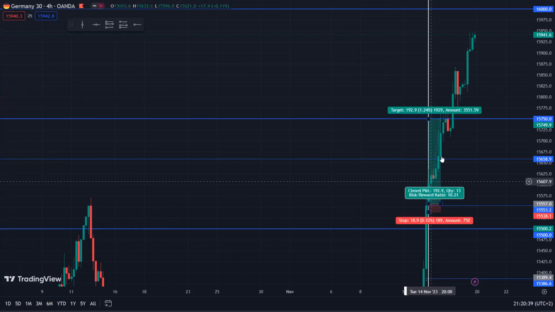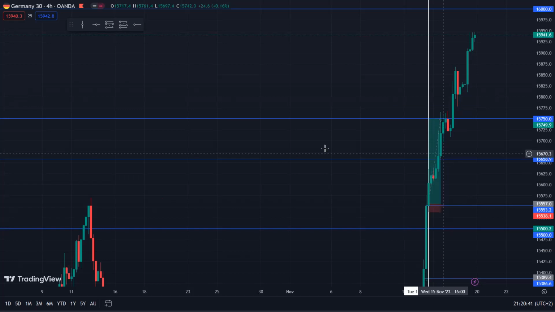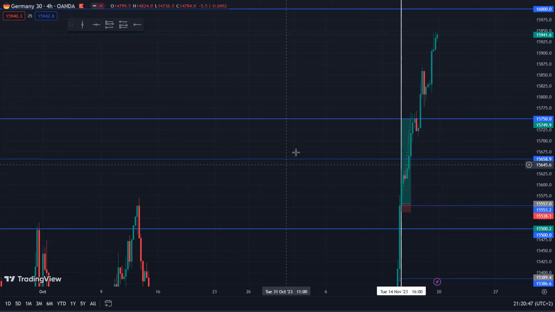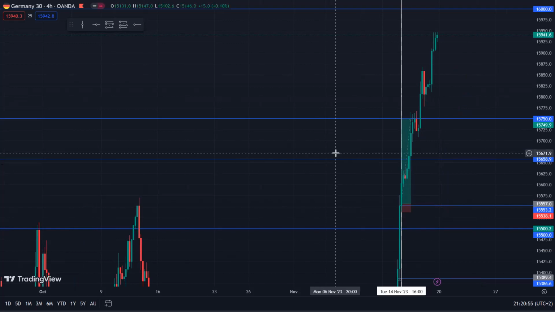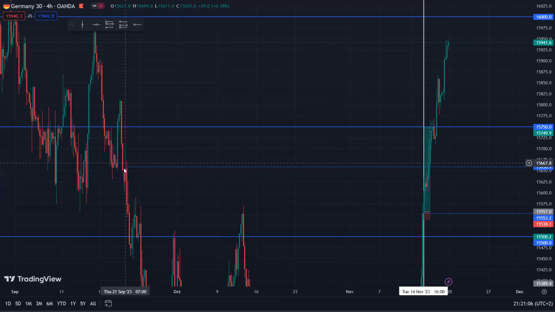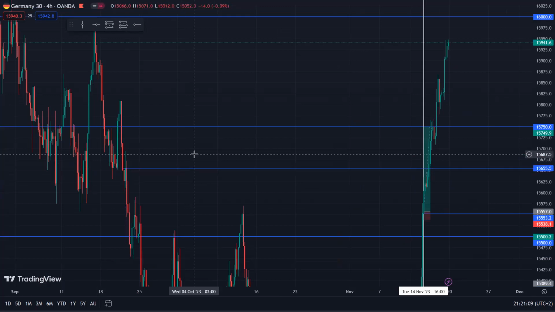You can use it as a TP, but for this entry, our TP was this. The inner structure we don't really take as a TP unless it fits our rule of take profit. Our reason for take profit, right? There's quarter point.